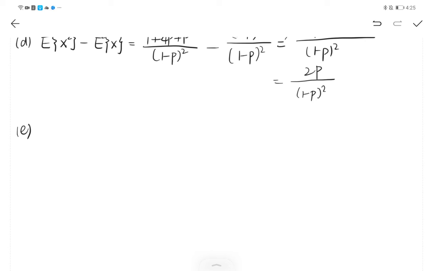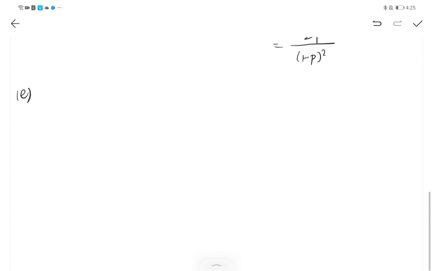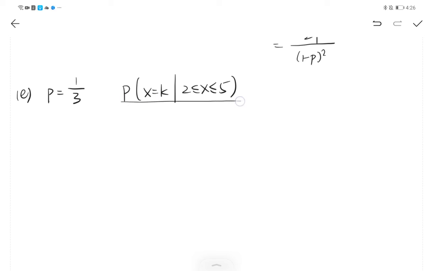Problem E. p equals 1 over 3, and we should find the probability mass function P(X equals k) on the condition of this. We can write this equation first.